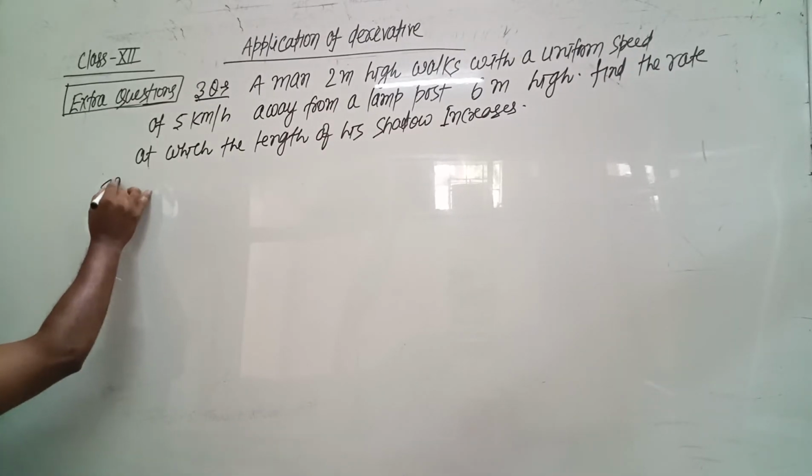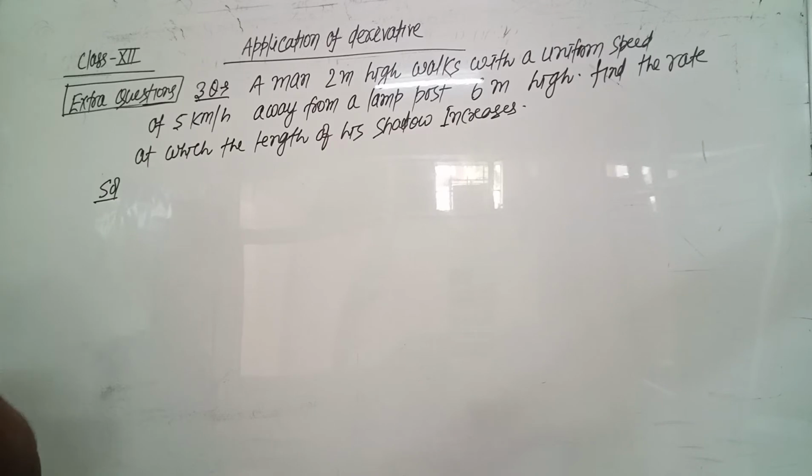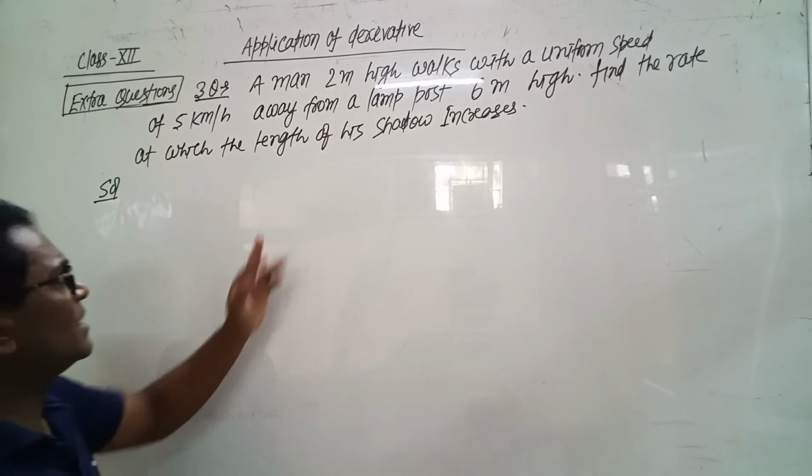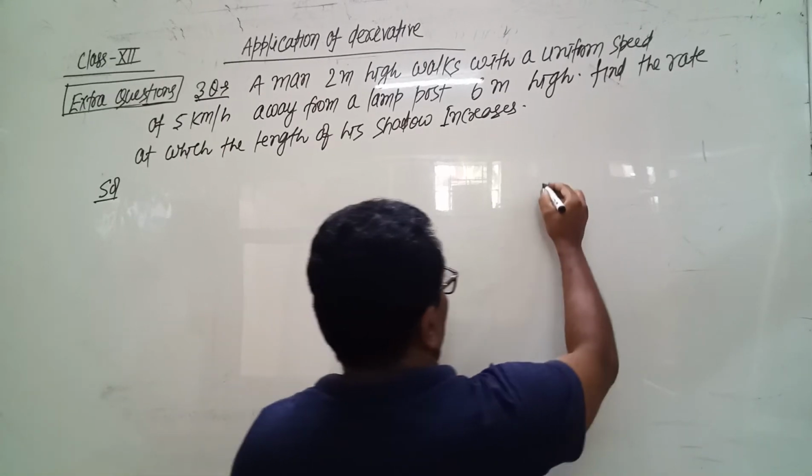So, a man 2 meter high walks with a uniform speed of 5 km per hour away from a lamp post.